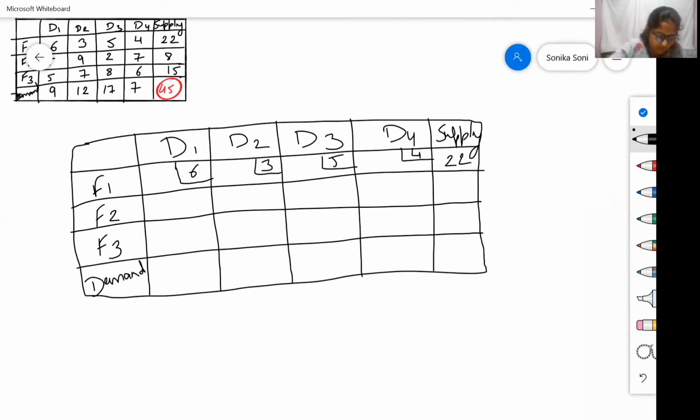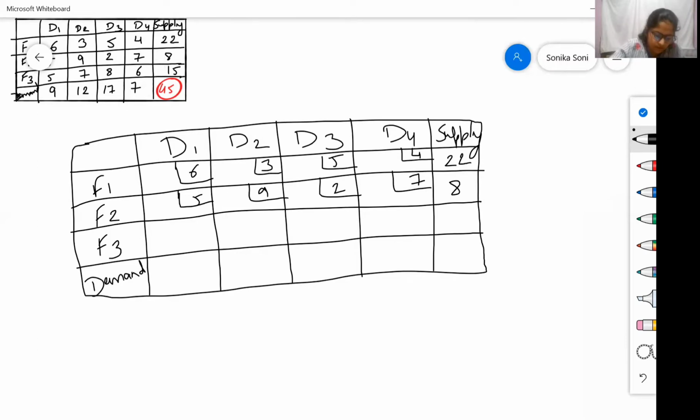Now for the F2 row, we have F2 D1 as 5, F2 D2 as 9, F2 D3 as 2, F2 D4 as 7, and supply as 8.